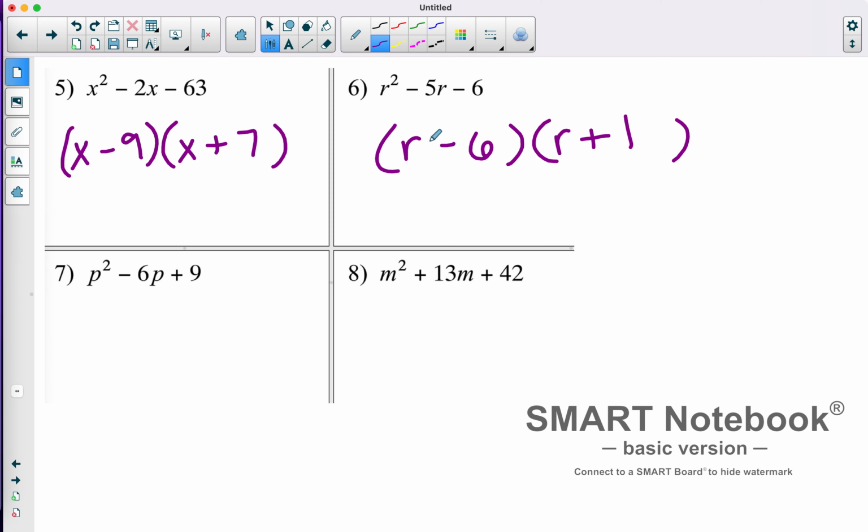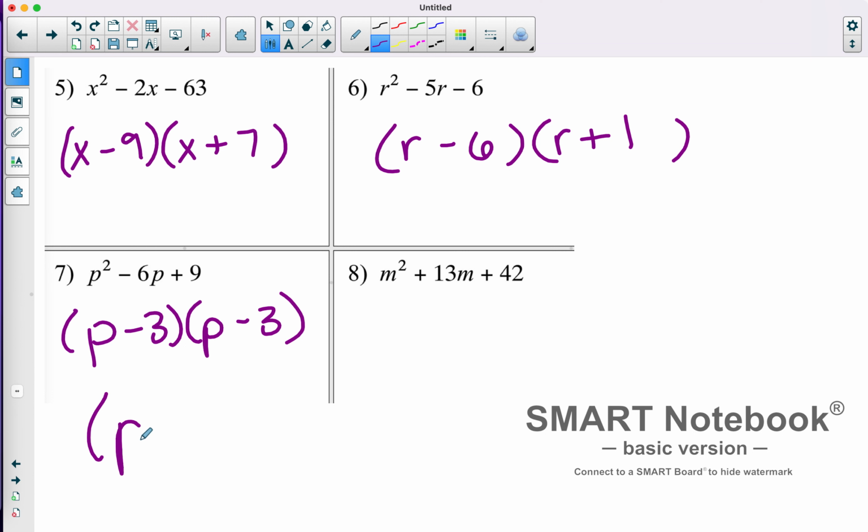But the sign does need to be negative with that 6. 7 was a little bit different because you saw p minus 3 times p minus 3. So it's the same thing twice, and that's okay. It means that you could have also rewritten that as p minus 3 squared.